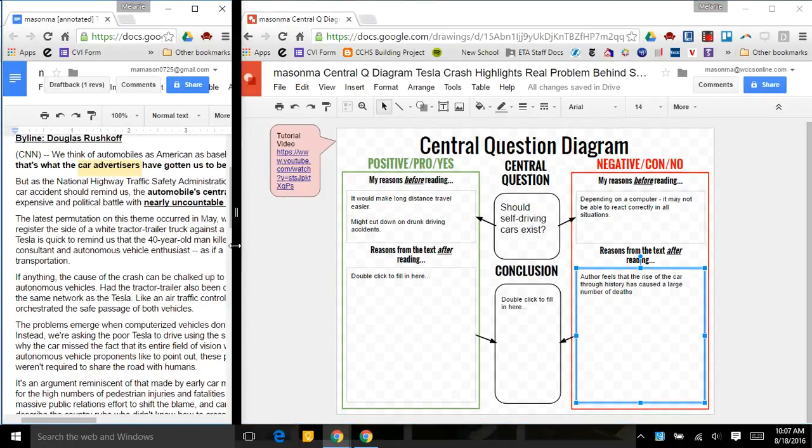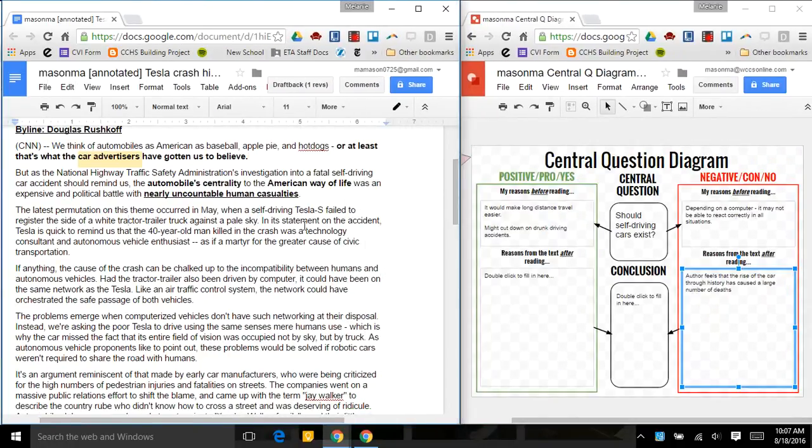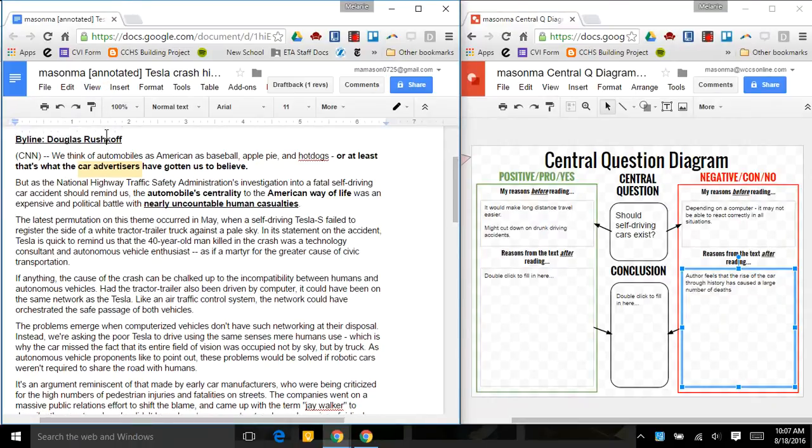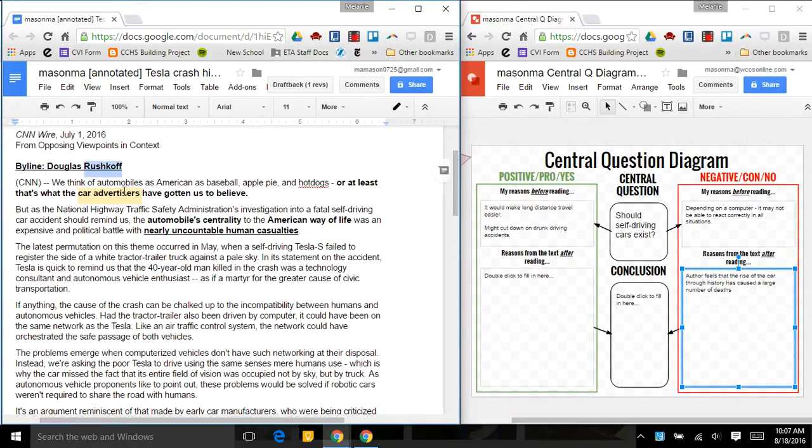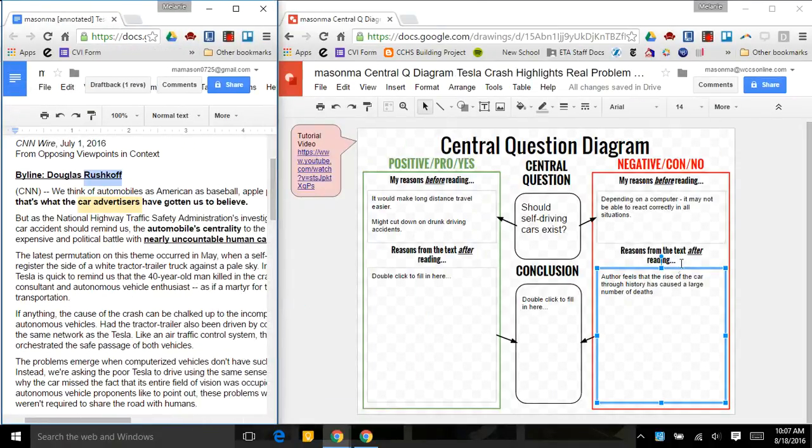Now I am reading an article from the internet, so there are no page numbers. So I'm going to give a paragraph number along with the author's last name. So his last name is Rushkoff, and I'm pulling from paragraph 2. That way, if I get to discussion and I want to bring it up and point everybody in the right direction, I can do that.